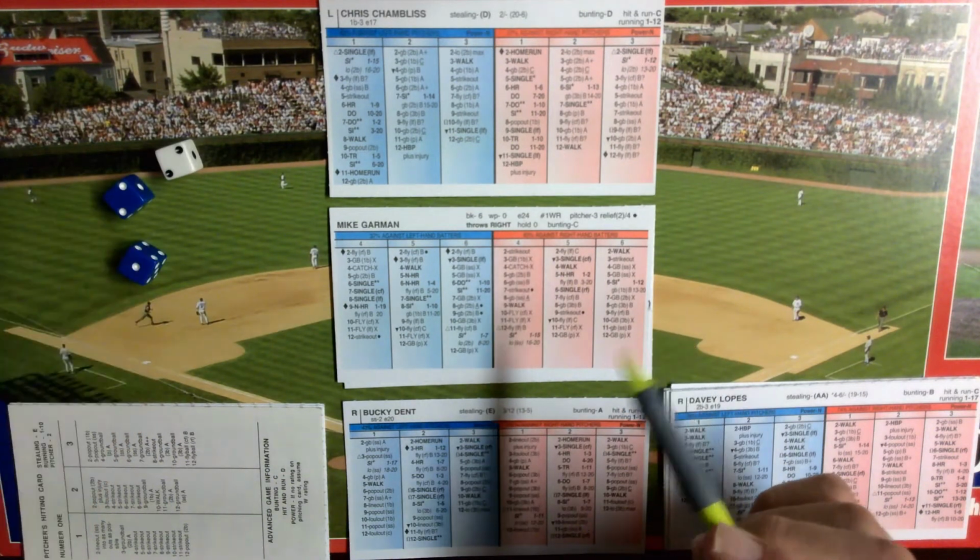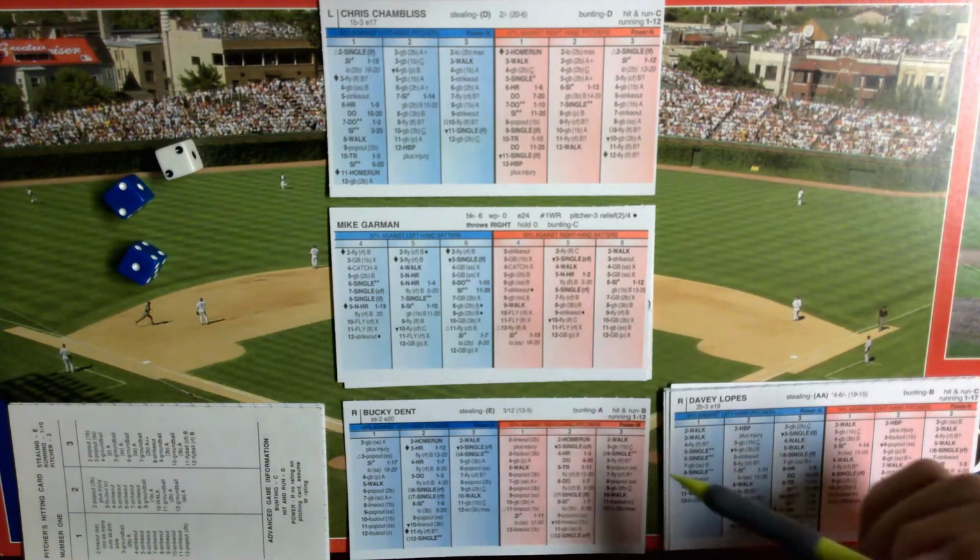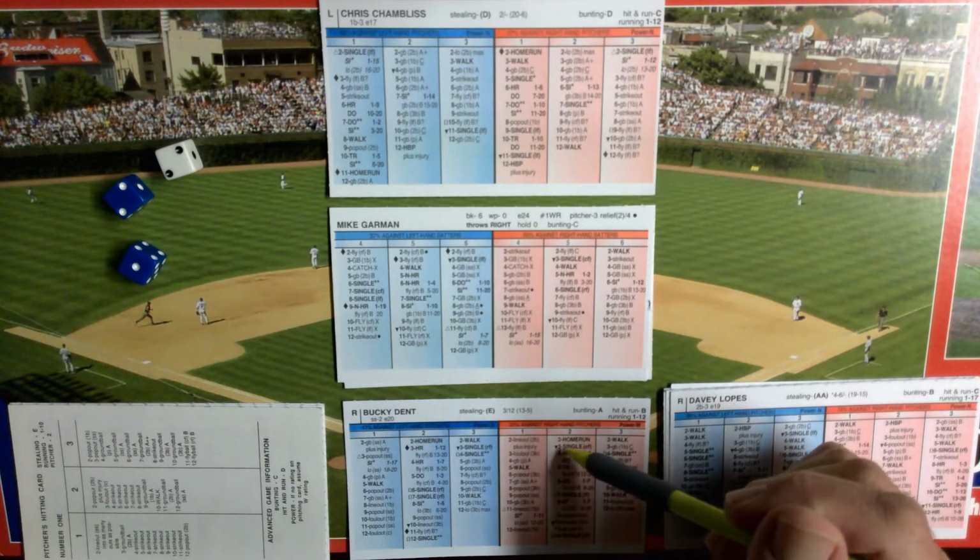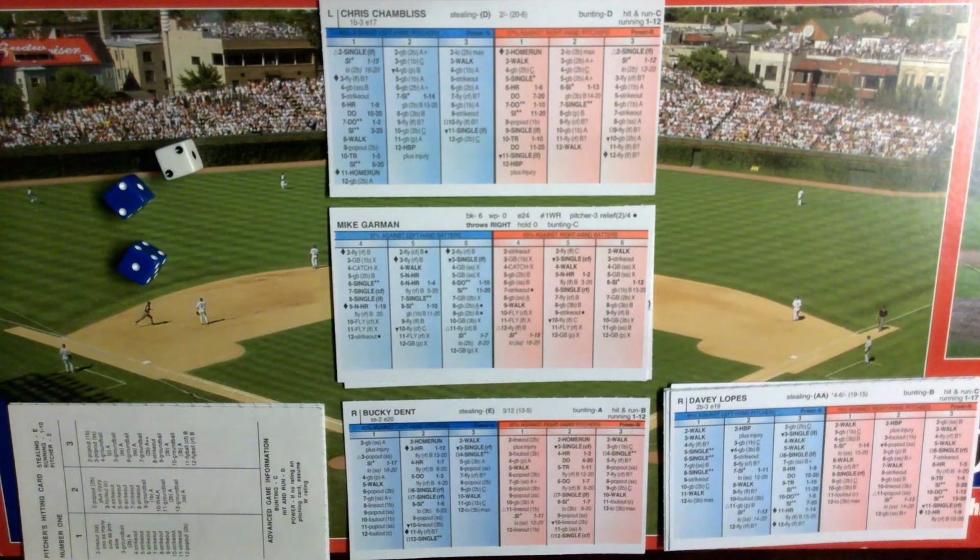That's a 2 and a 3. Against a right-handed pitcher, a 2 and a 3 is a ballpark effect single. And a ballpark effect single is a 1 or a 2. And that is an out. And so that is a line out to the shortstop for the second out of the inning. So Dent is retired on the line out to Russell.